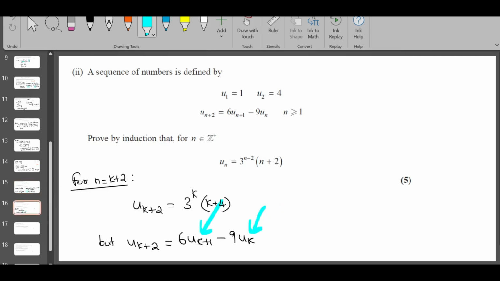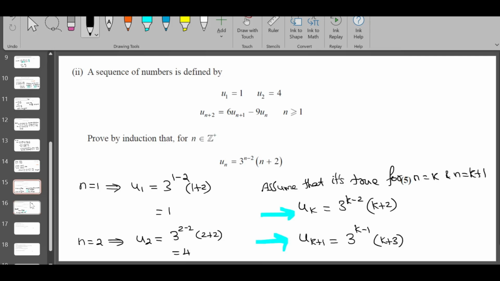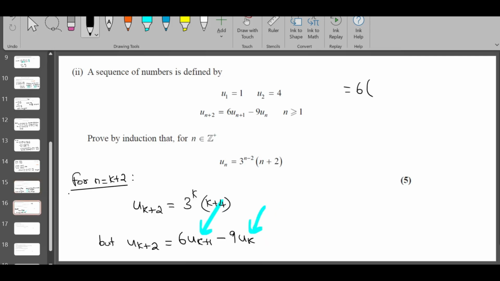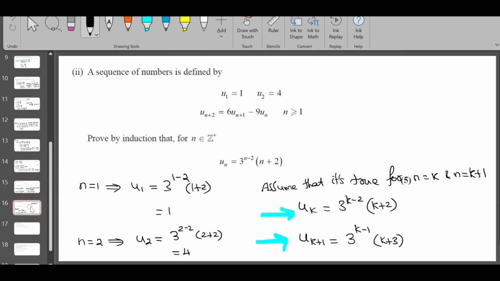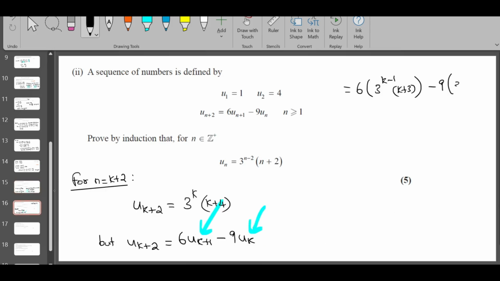So when you sub in, you are going to get 6 times u_{k+1}, which is 3 power k minus 1 times (k plus 3), minus 9 u_k, where u_k is 3 power k minus 2 times (k plus 2).